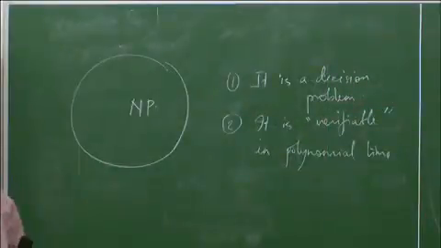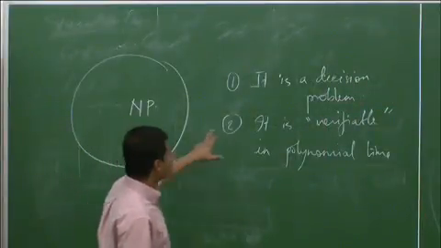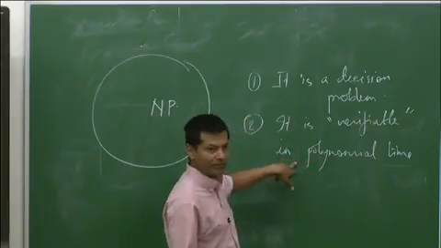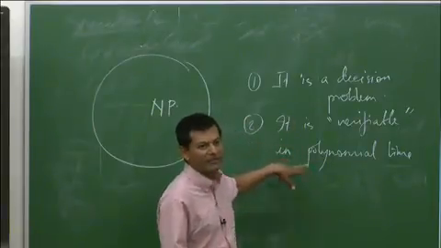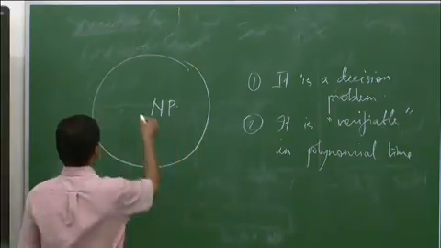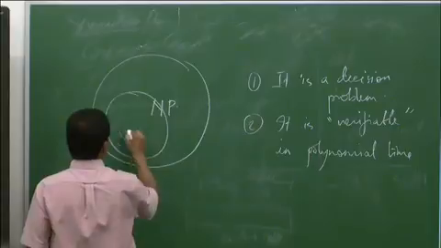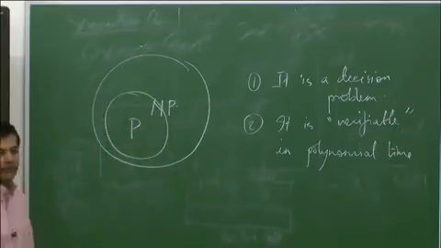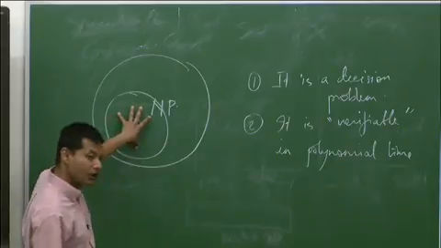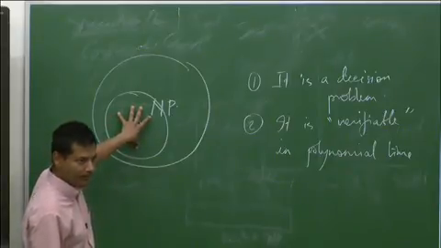Okay, so in the class NP, the problems that are verifiable in polynomial time, there is nothing here that says that it is not solvable in polynomial time. There is no necessity for it. So what we are saying is that this class is rather large, and there are some problems that are easy in it. These are the problems that are solvable in polynomial time.